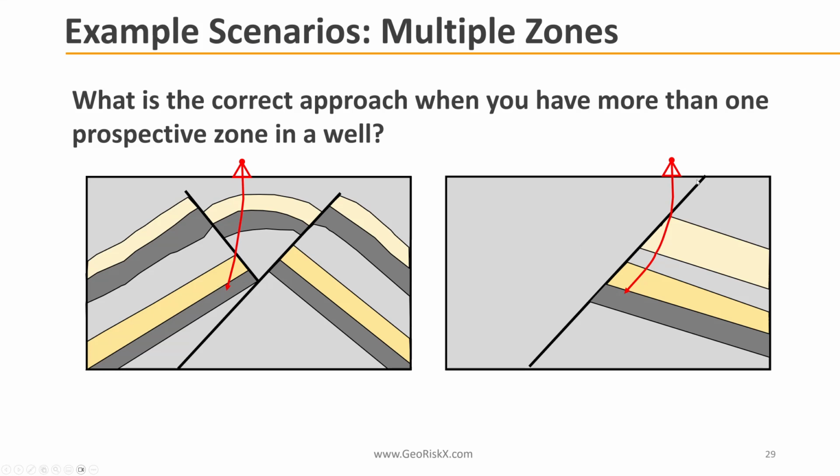Whereas in the scenario on the right, we've got one bounding fault, we've got two sand zones, one source rock, etc.